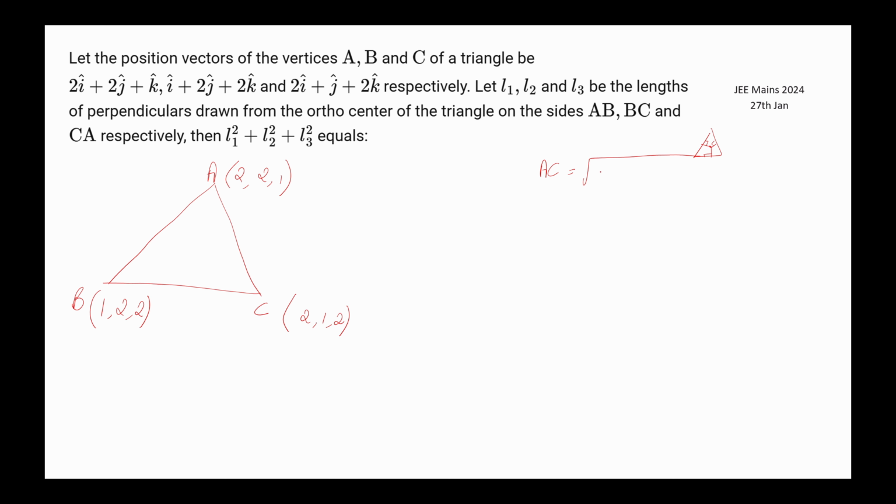It is root under x2 minus x1 whole square, 0, y2 minus y1 whole square, 1, plus 1, so this becomes root 2. And if you find BC and AB, they will also come out the same. So this would be equal to BC and this would be equal to AB. That means this is an equilateral triangle.